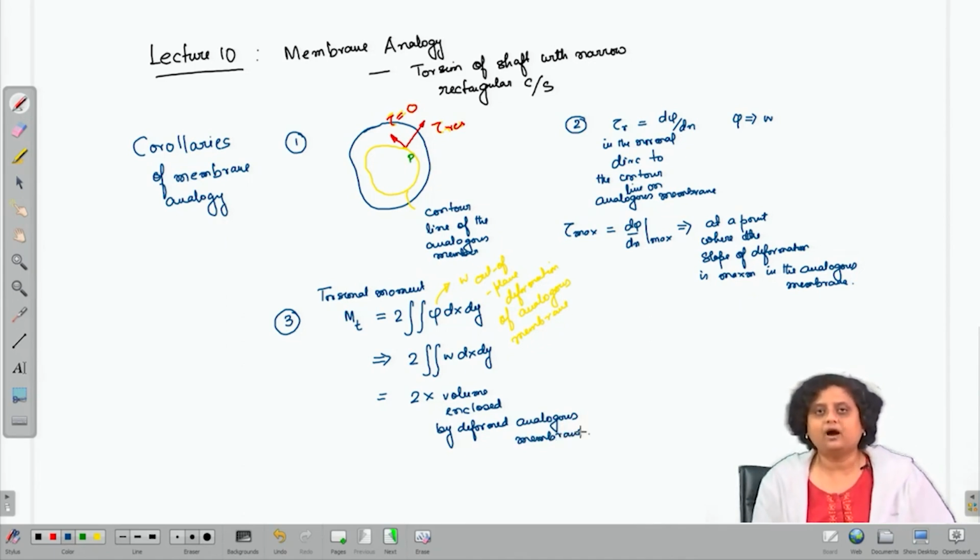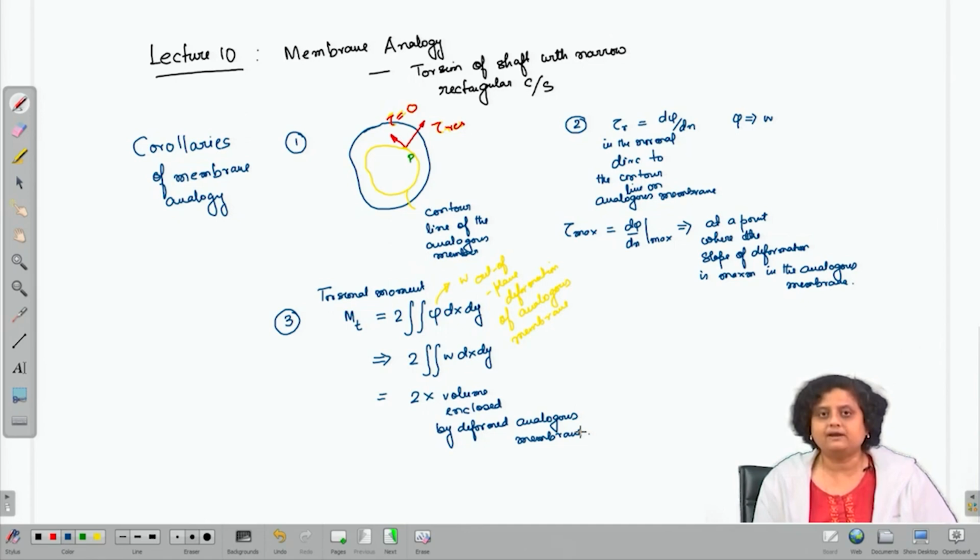Therefore, to put it in other words, if we can imagine the analogous membrane and imagine the deformation of the analogous membrane, then the volume enclosed by this deformed analogous membrane is equivalent to the double area integral of the Prandtl stress function, and therefore, it is equivalent to the expression for the torsional moment.